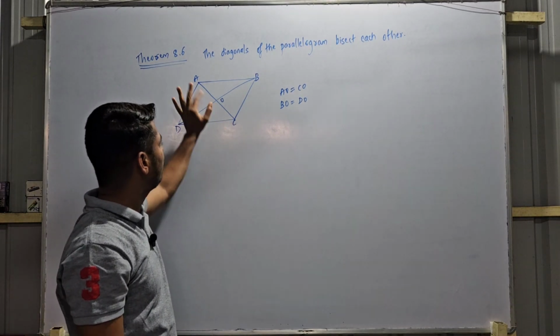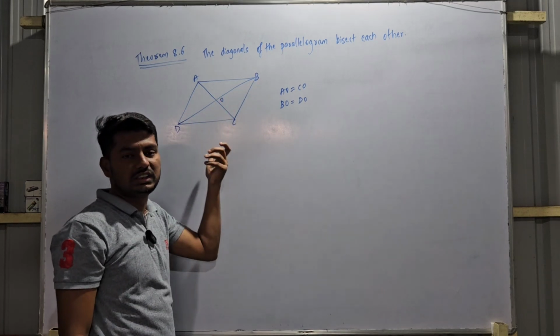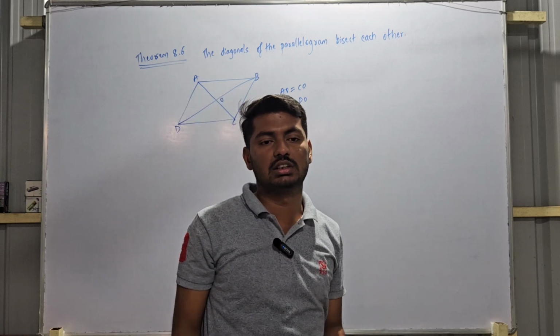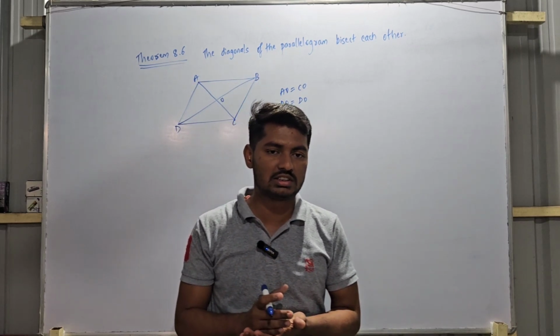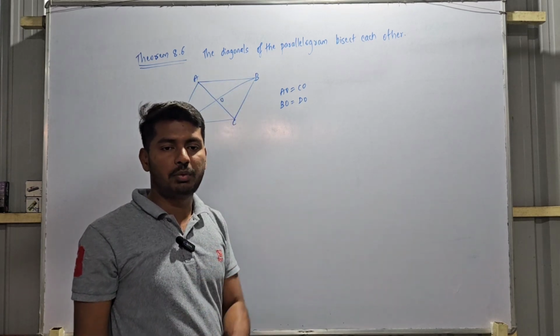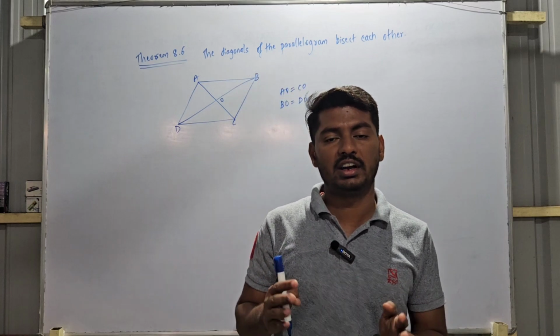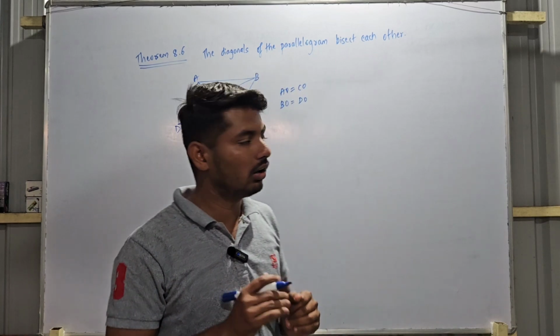That is, AO equal to CO and BO equal to DO. This is the statement of theorem number 8.6. See, theorem number 8.1 tells about the two triangles, and 8.2 and 8.3 discuss the sides of the quadrilateral. 8.4 and 8.5 discuss the angles of the quadrilateral or the parallelogram.